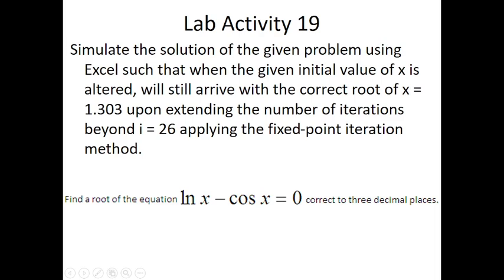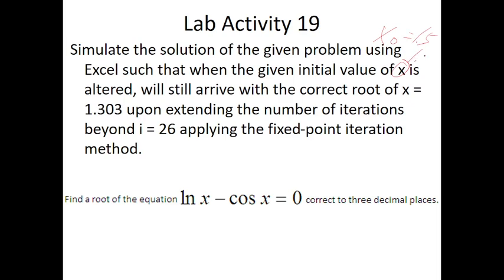So, in lab activity 19, simulate the solution of the given problem using Excel such that when the given initial value of x is altered, you'll still arrive at the correct root of x equals 1.303 upon extending the number of iterations beyond I equals to 26, applying the fixed point iteration method. Okay? So, ibig sabihin yan, yung x sub 0 ko, initially 1.5.